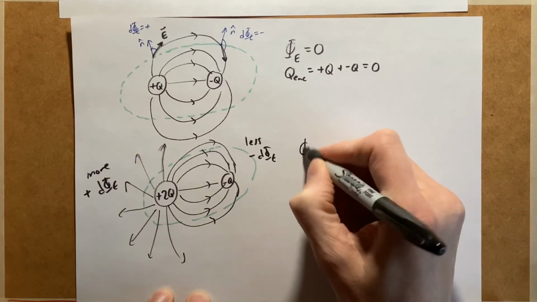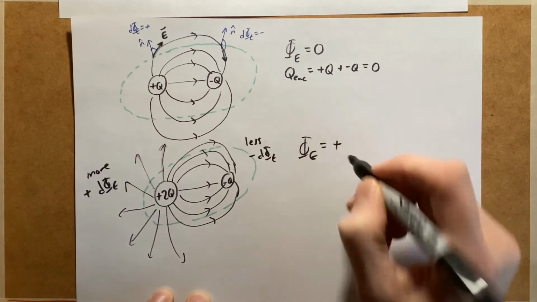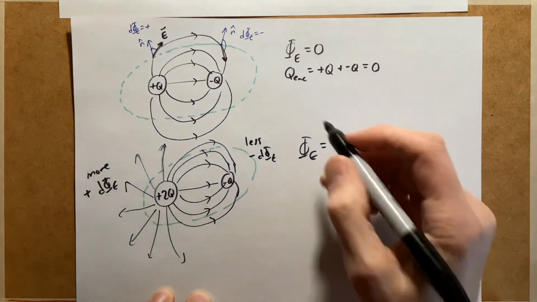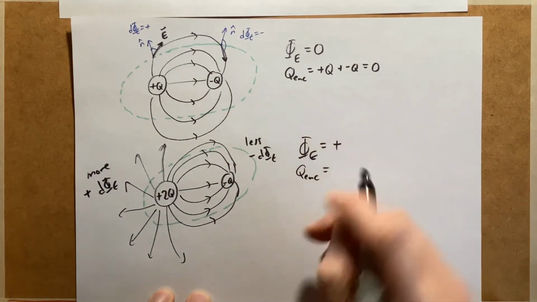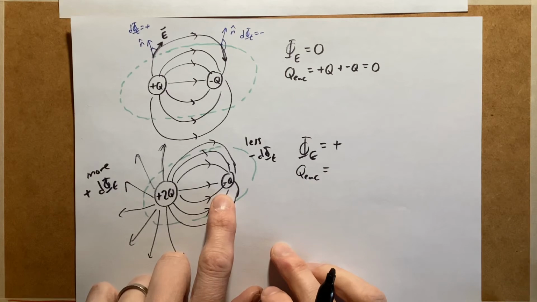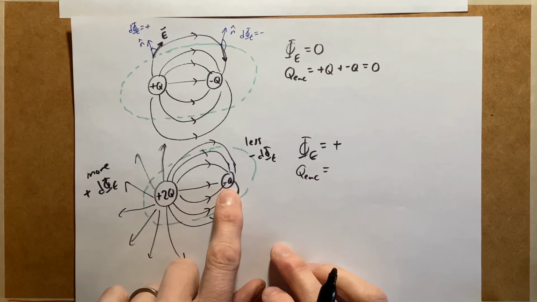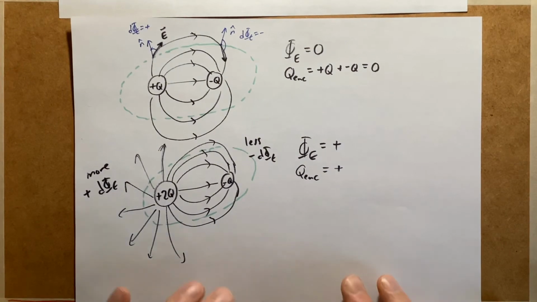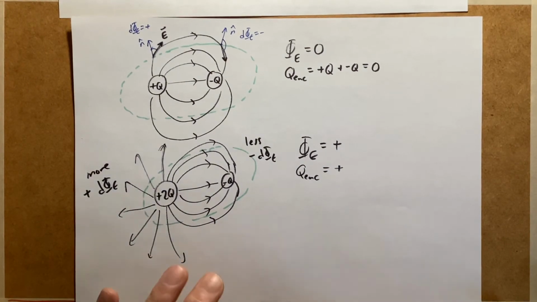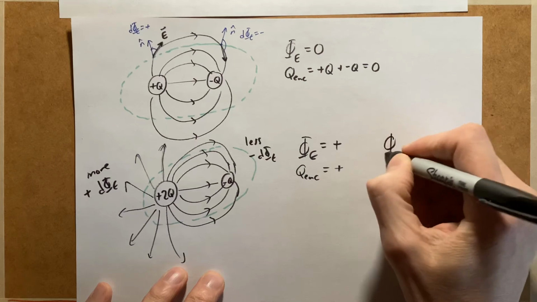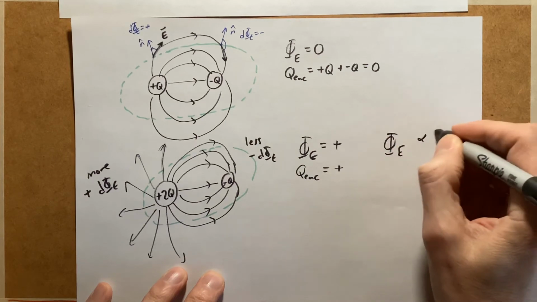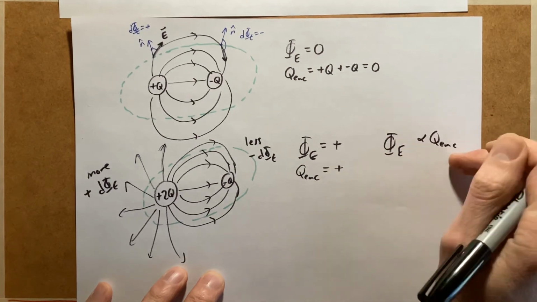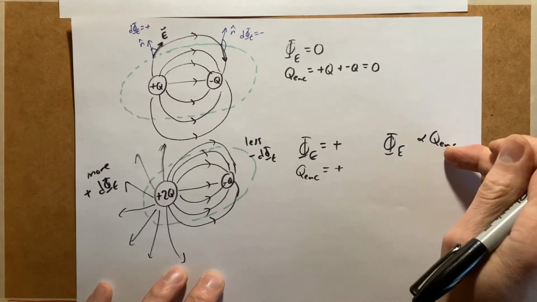And so it's not surprising here that the flux overall should be positive, which is no big deal because, of course, the charge trapped inside here is no longer 0. If you add plus 2q and minus q, you still get positive charge enclosed overall. So hopefully I've motivated to you that how much flux you count is how much charge is actually living inside your surface, okay?